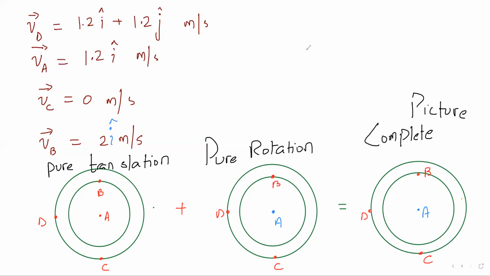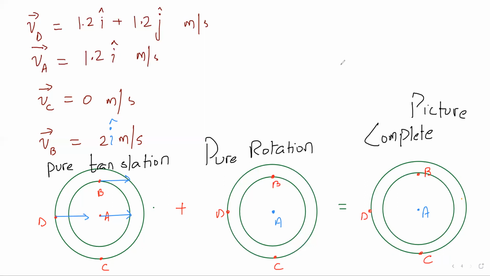So tell me what is happening here in pure translation. 2 meters per second was the center of mass, right? What about the point B? That's a nice observation. What about point D? Very nice. What about point C?